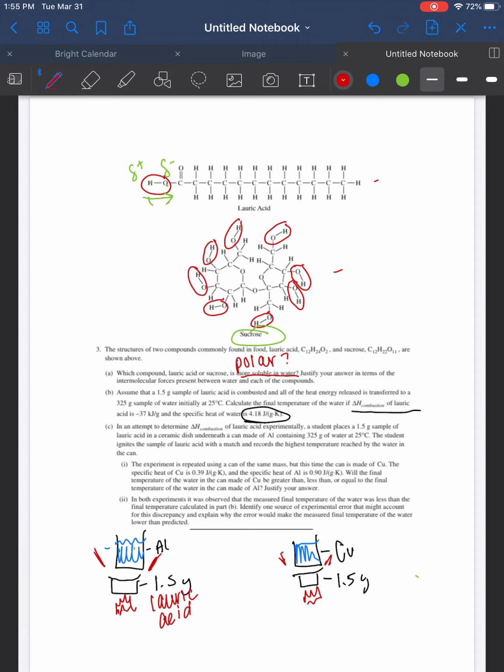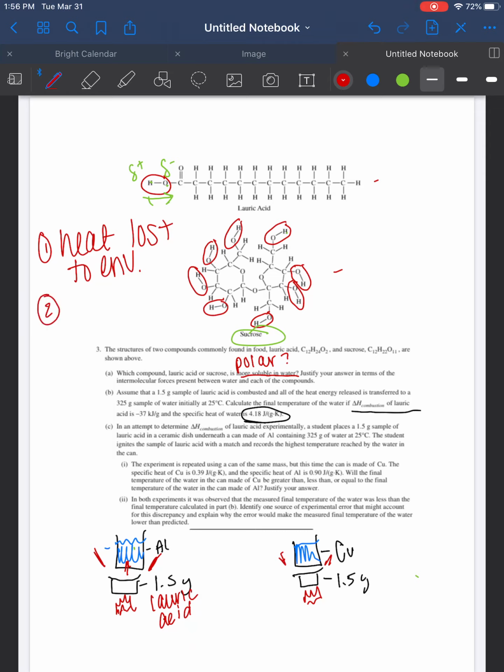That would result in the temperature being a little bit lower than calculated, because some heat dissipated to the environment and wasn't able to be transferred to the water. I'll write it here: heat lost to environment. That could result in having a lower temperature.